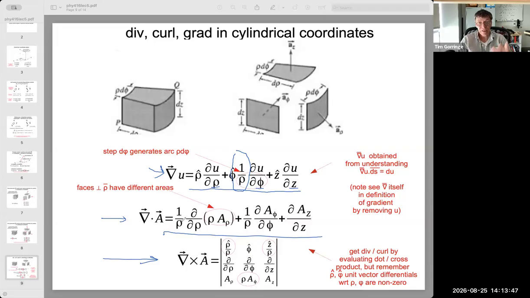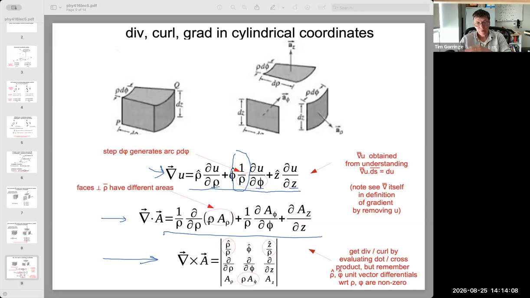That's just the same as rectangular coordinates. It's a scalar quantity. In rectangular coordinates, it was just the sum of the partial differentials of each component of the vector field A with respect to the x, y, and z components.